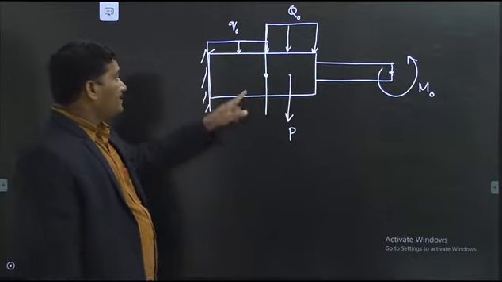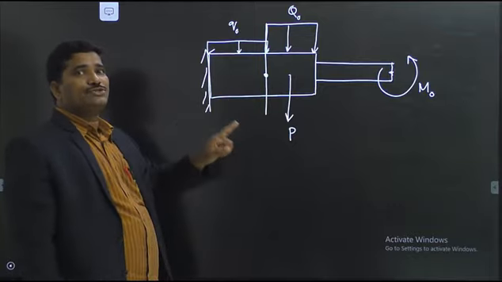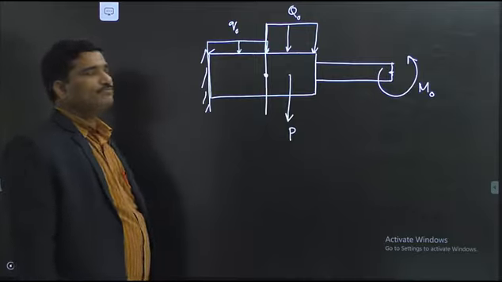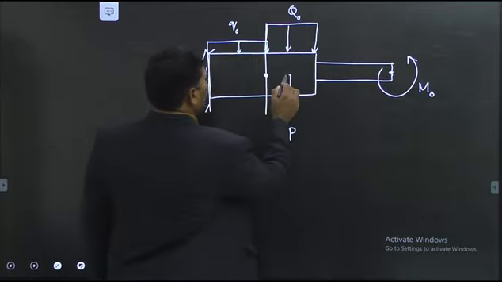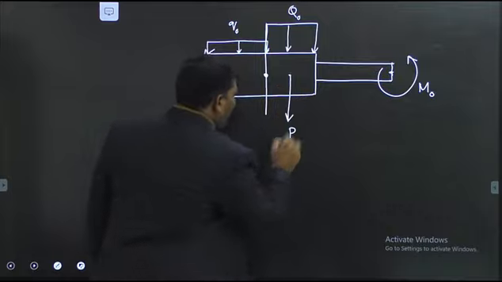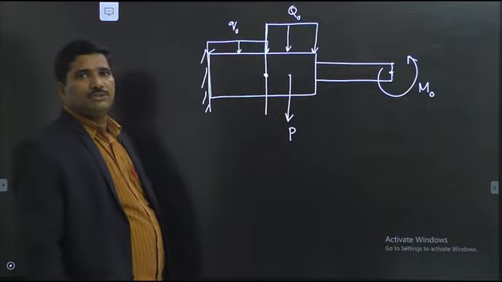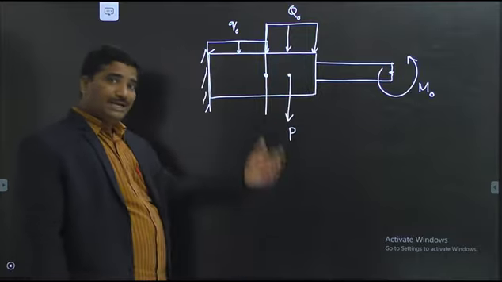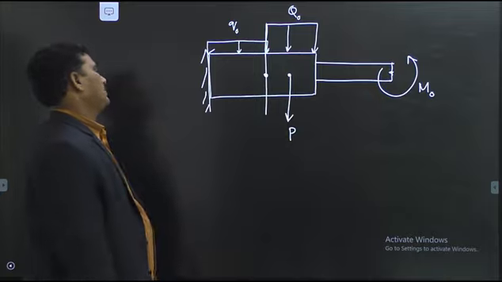If you do not consider the node here, it leads to a wrong solution. Be careful. Next one. This is the point where the force P is applied. Hence, you have to consider a node here. Now, recollect all the cases one by one. Next.